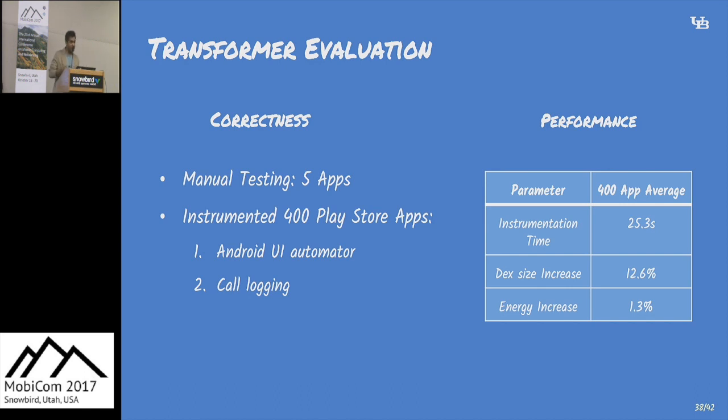We ran the original as well as the instrumented app, and monitored all the call logs, the new exceptions, and crashes. After we ensured that it behaves as expected, we consider our transformer to have correctly instrumented the code. We also measured the increase in parameters such as energy, heap size, and code size, and we present this in greater detail in our paper.